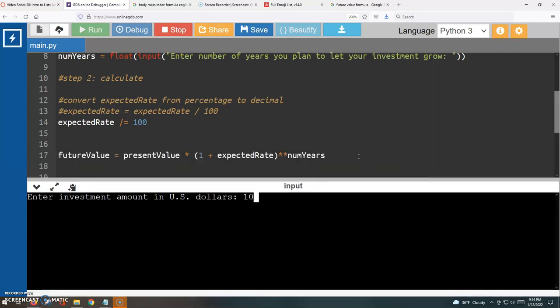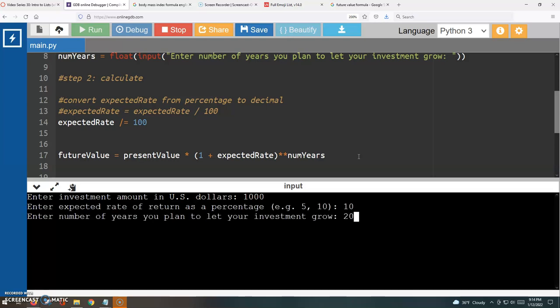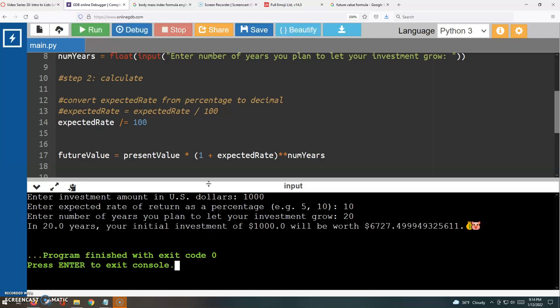So let's say I got $1,000 on my tax return. I'm going to put that right into the stock market, and I'm going to let it sit there for 20 years. Okay, so in 20 years, your initial investment amount of $1,000 will be worth over $6,000, almost $7,000 in fact.